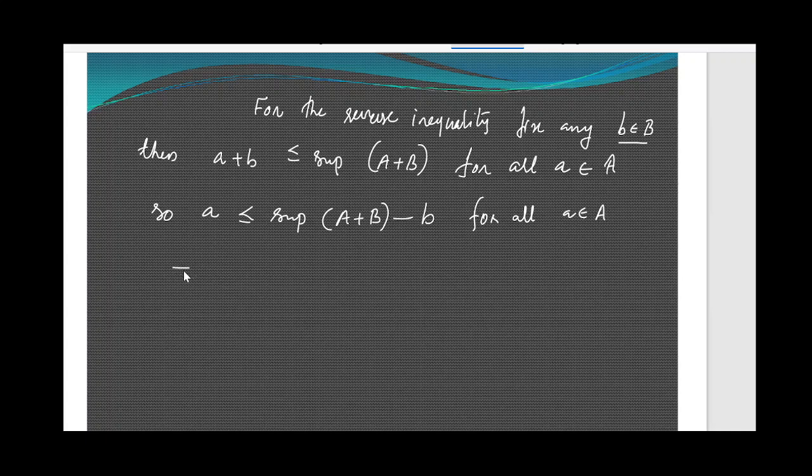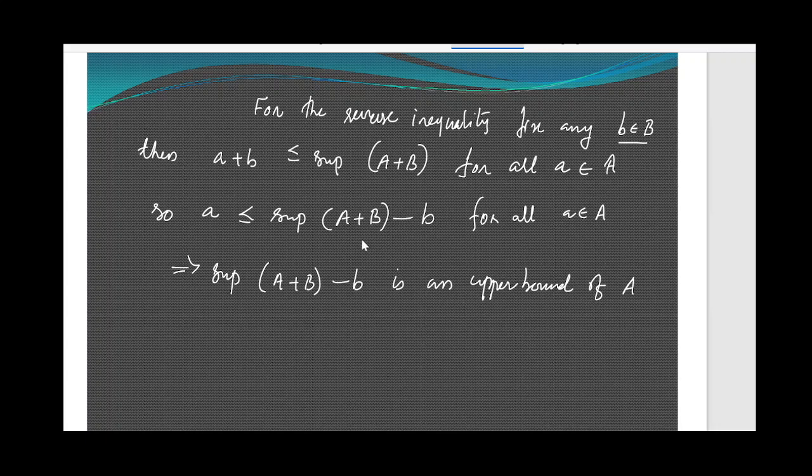which implies supremum of A plus B minus b is an upper bound of A. Am I right? For every a belongs to A, a is less than or equal to supremum of A plus B minus b.